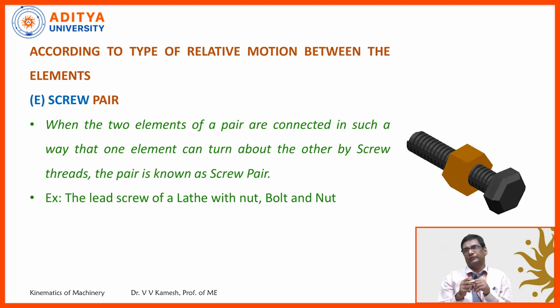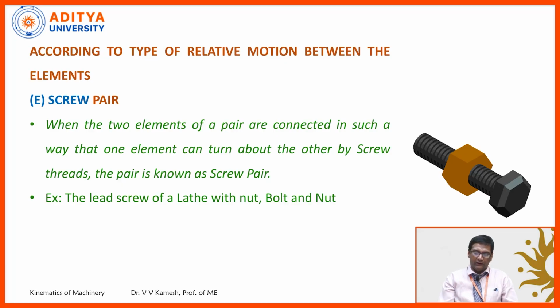There are some threads, right. For one part internal threads will be cut, for the other mating part we are having external threads. By means of both we are putting the refill and closing that, okay. So there also you are having a screw pair, okay.